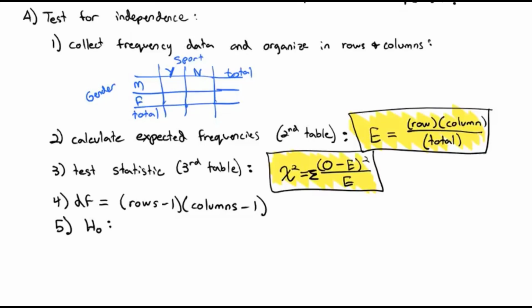So the null hypothesis is generally going to be that the variables are independent. And then the alternative hypothesis is that they're not independent, or that they are dependent. And then similar to the goodness of fit test, independence is always a right-tailed test.